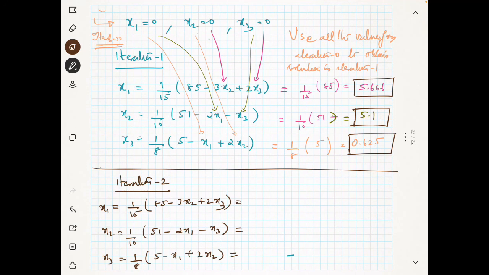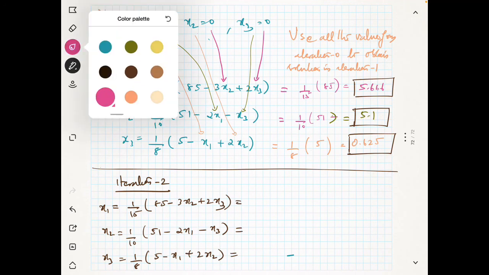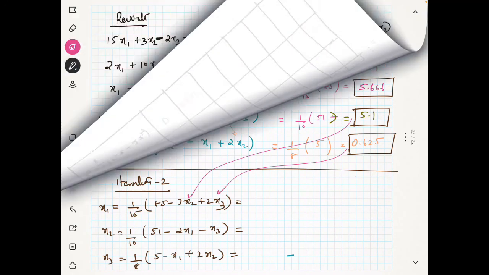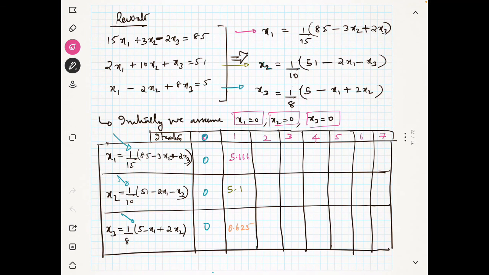Now you should see what is happening. I will use this red color. I am going to find x1. To find x1 I need x2, but which x2 will I use? I will use this x2 and this x3 from the previous iteration, and by using these two I will find the next iteration.